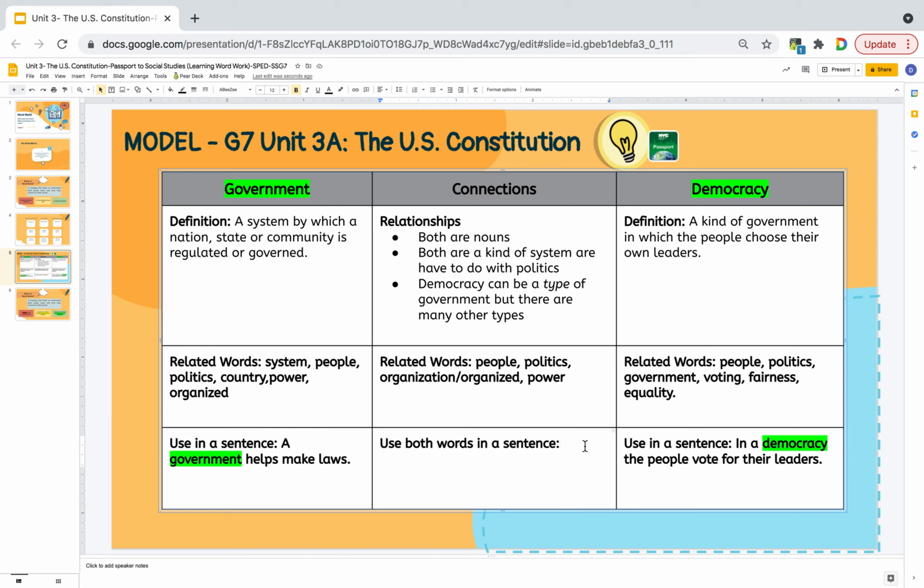And then what I'm going to do is use both words in a sentence. In a democracy, the government is chosen by the people.